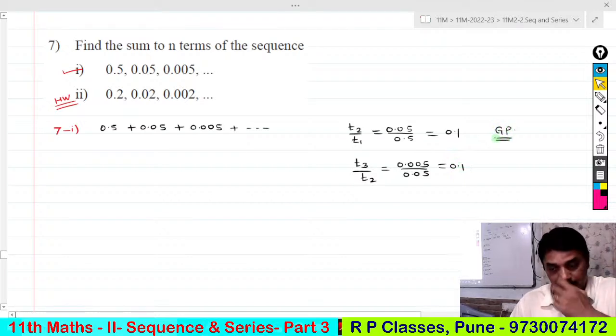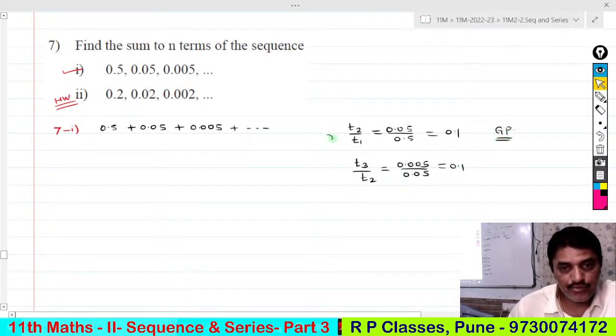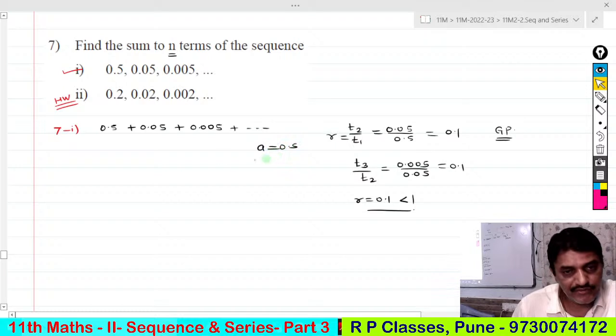The common ratio R is equal to 0.1 and this is less than 1. I have to find the sum to n terms. What is the first term? A is equal to 0.5. So what is the formula for Sn? Since R is less than 1, I'll say A into 1 minus R raised to n upon 1 minus R.